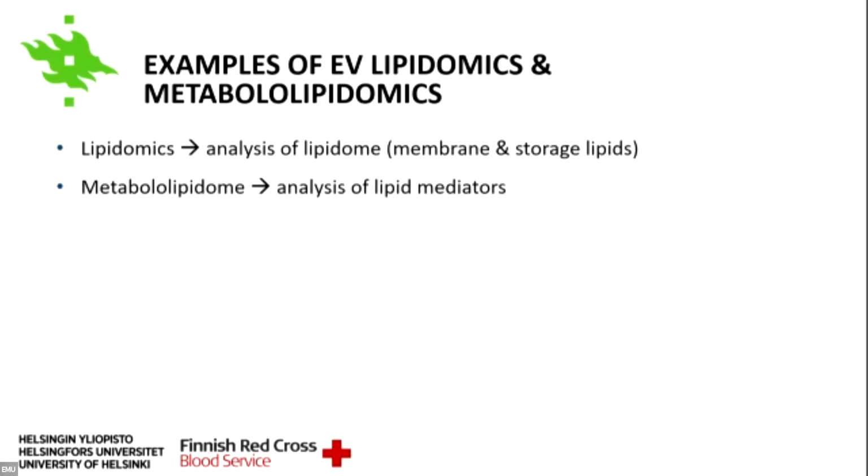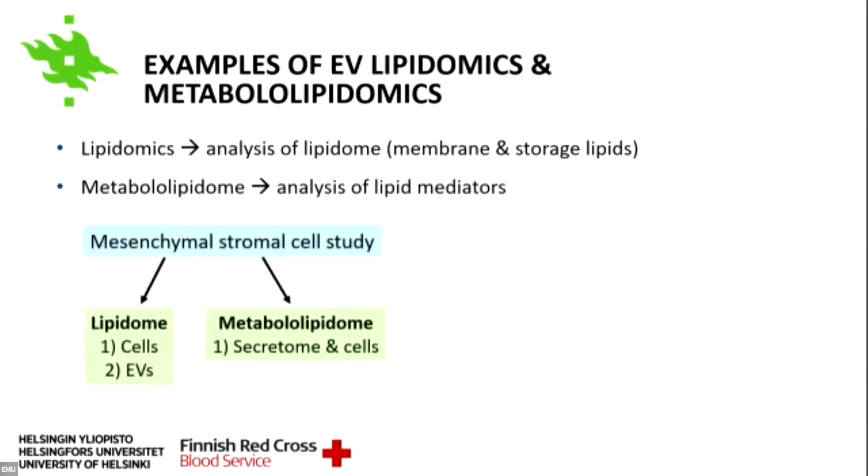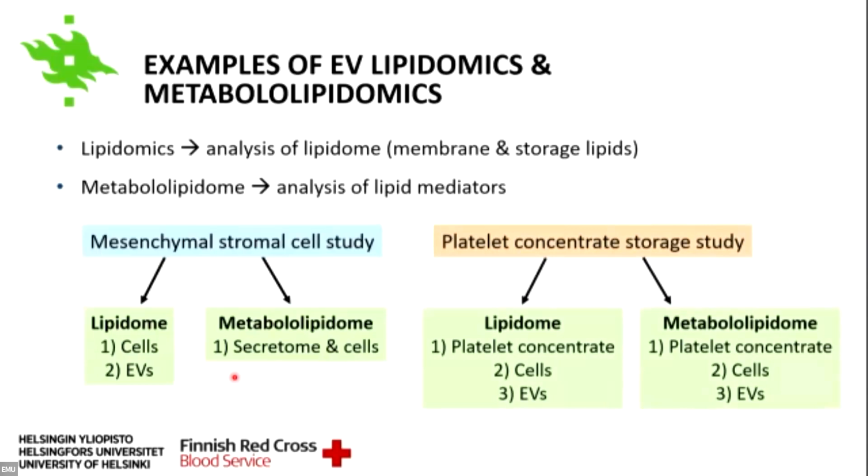And so I'm going to present to you two studies. A study with mesenchymal stromal cells, where we analyze the lipidome of cells and EVs, and also the lipid mediators from a cell culture sample where we had the cells and the secretome, so the conditioned media all together, in order to make sure that we have enough material.